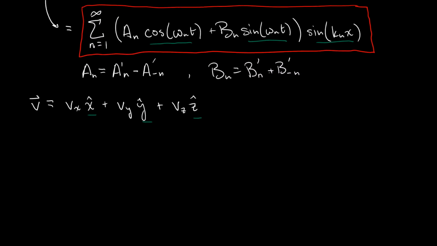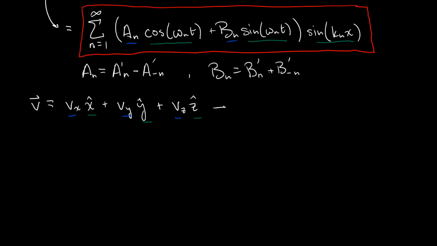But this sort of begs the question. I want to find these coefficients, right? These coefficients A and B, which in this analogy correspond to V x, V y, and V z.